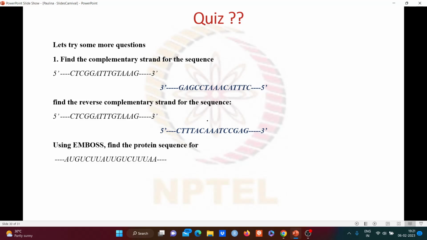Okay, no one has yet solved for frame 1 also. Okay, frame 1 will be methionine.